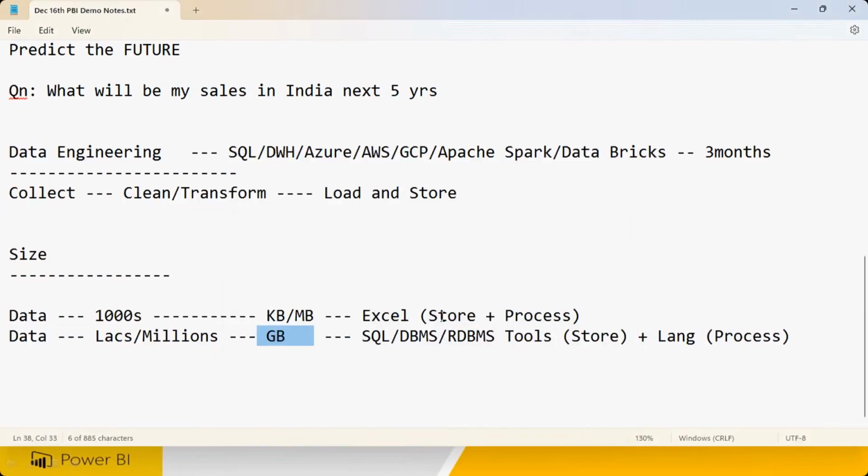What are the SQL softwares we have? We have a lot of tools. A popular tool is called Oracle. Oracle is SQL software. Microsoft SQL Server is from Microsoft, right? And DB2 is from the IBM company.